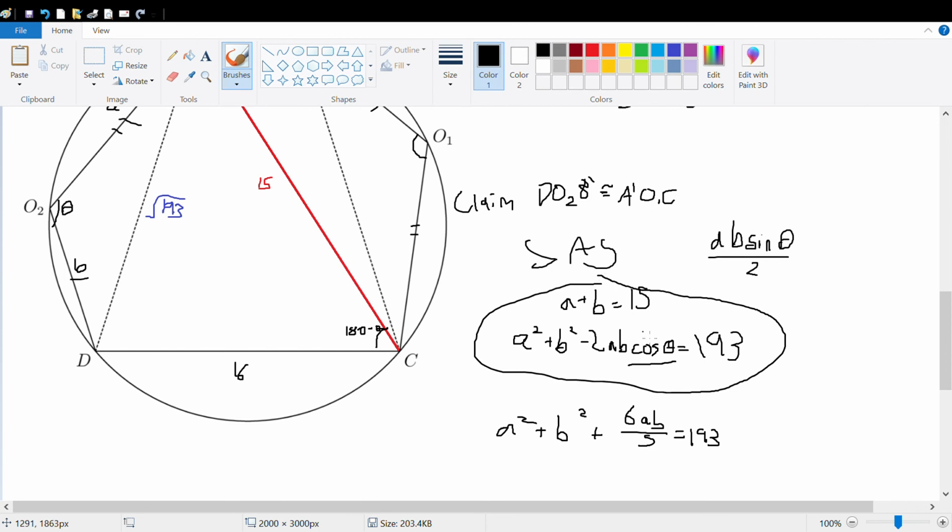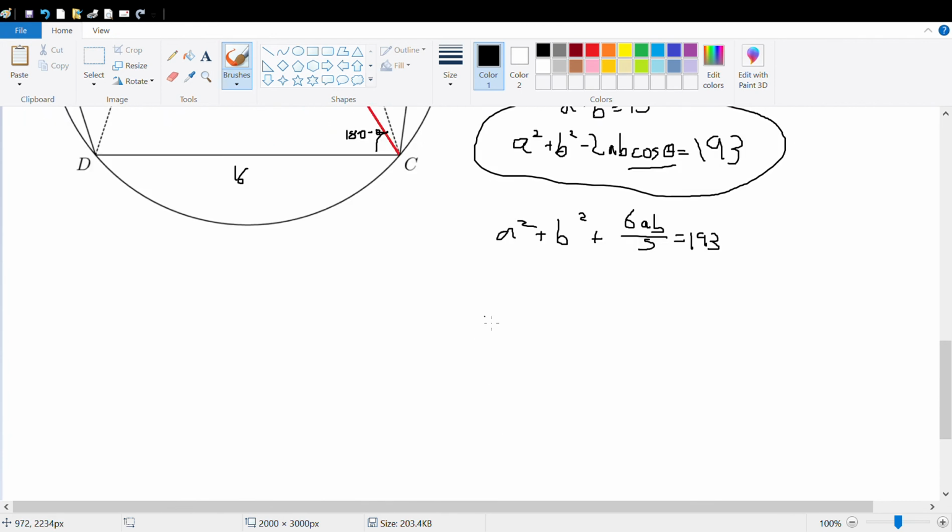If we square A plus B equals 15, we get A squared plus B squared plus 2AB is equal to 225. And so subtracting these two equations, we have that 4AB over 5 is equal to 32. And so therefore AB equals 40.